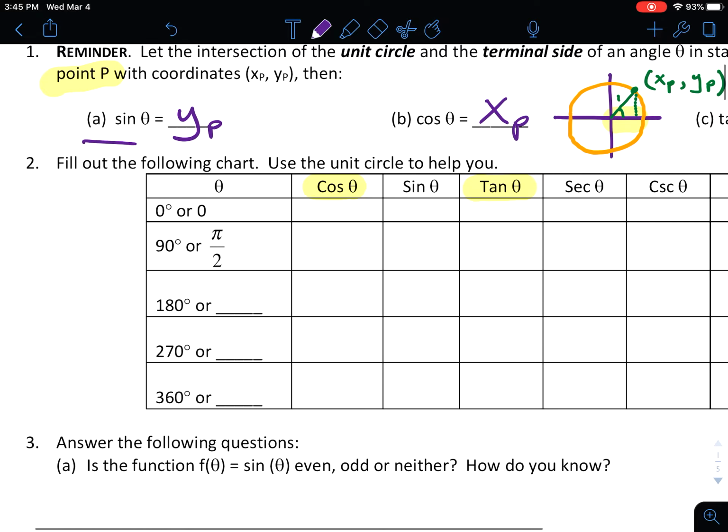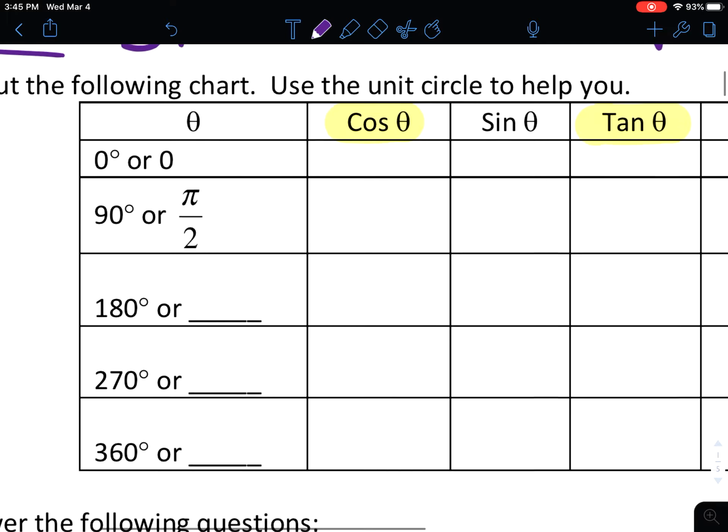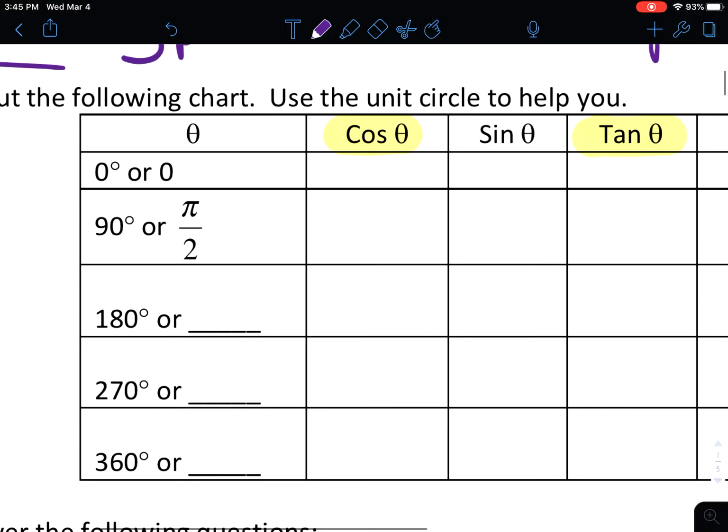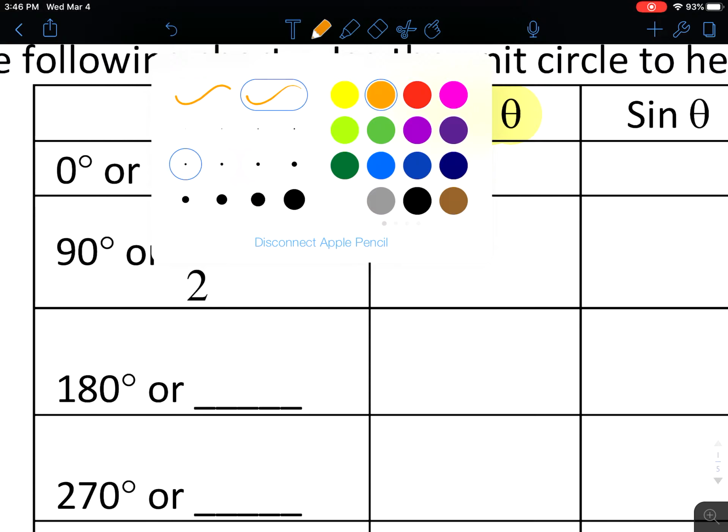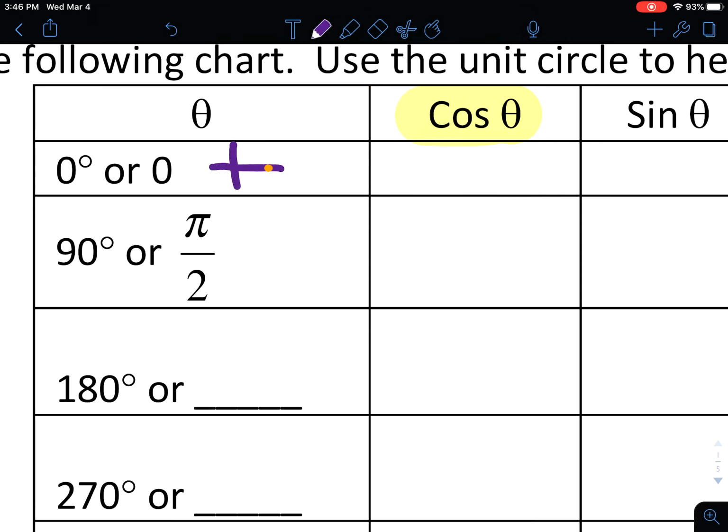So if that angle was 0, the cosine value would be the x value for that angle 0. And that point on the unit circle at 0 degrees is going to be the point 1, 0. So our cosine value will be 1.